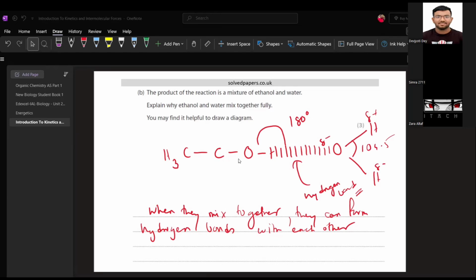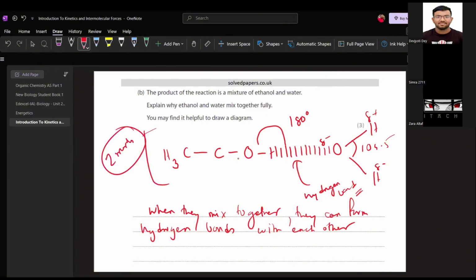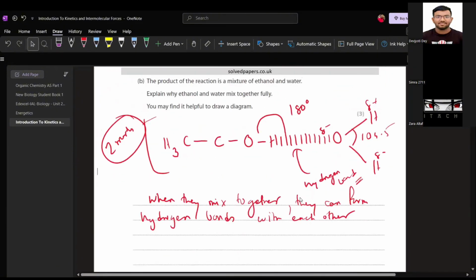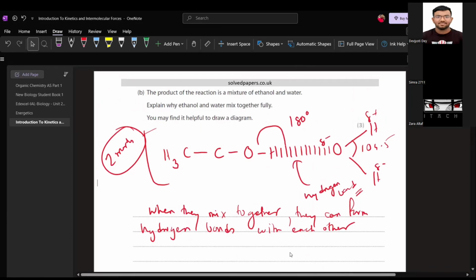If you just draw this diagram, you can easily get 2 marks. Otherwise, you have to write it professionally using words. Don't you have to explain why they mix fully? Yes, when they mix together, they can form hydrogen bonds with each other.